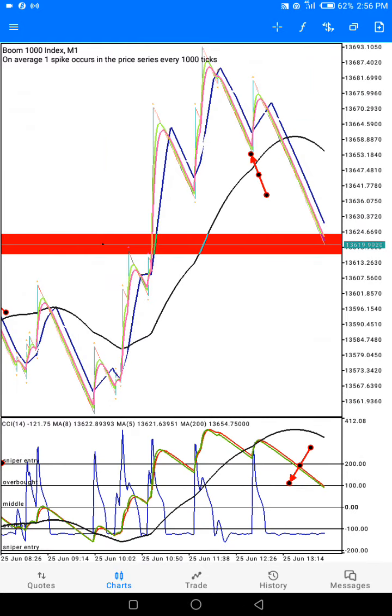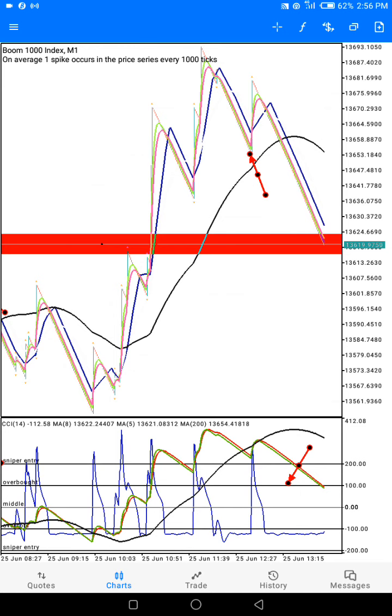Immediately the price gets to our level 0 on the indicator window 1, you might see the action.